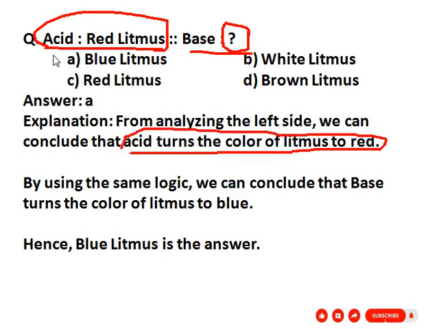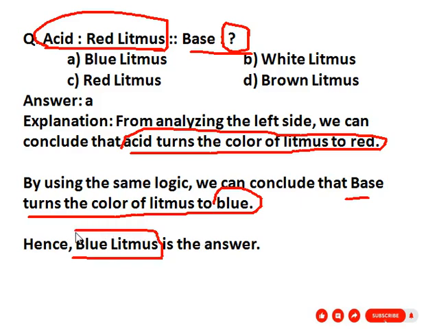So acid and red litmus. Then base, by using the same logic, we can conclude that base turns the color of litmus to blue. So blue litmus is the correct answer. So here given option A, blue litmus.